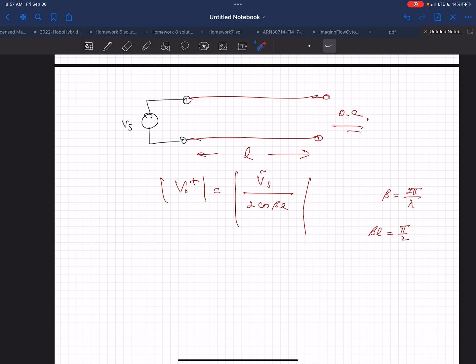You put in 1 volt as your voltage source, and if you just picture a transmission line of the perfect length, you're going to get infinite voltage here. Sounds like you're getting something for nothing. So after we talk about the general case of Z sub S, I'm going to come back to this and say why this is not the case in real life.